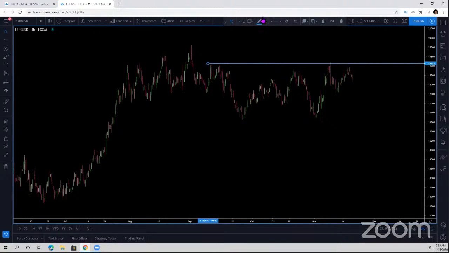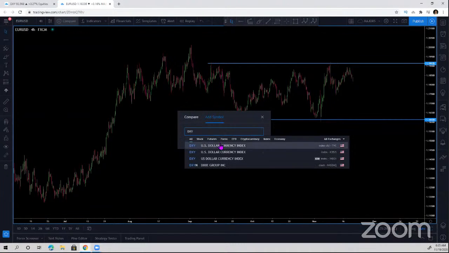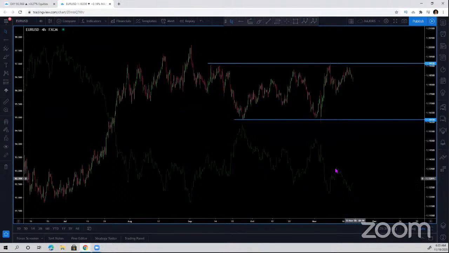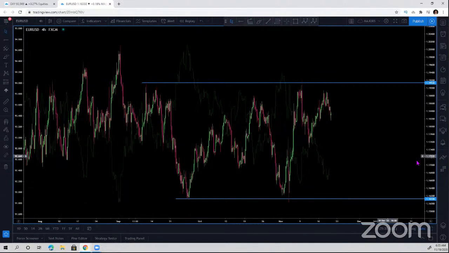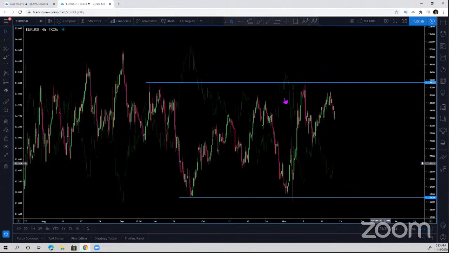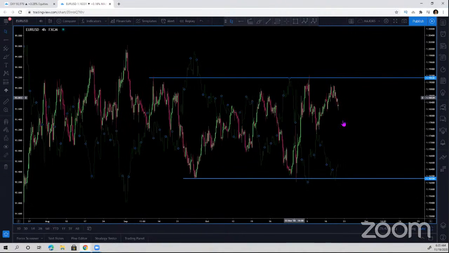Now the euro US dollar is trapped inside of a range too. And if we compare the euro US dollar with the DXY, the US dollar currency index, you can see that it's clearly inversely correlated. Now let's zoom in on this.